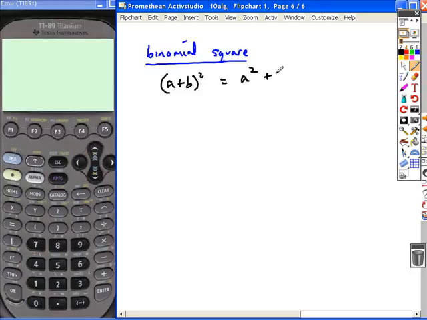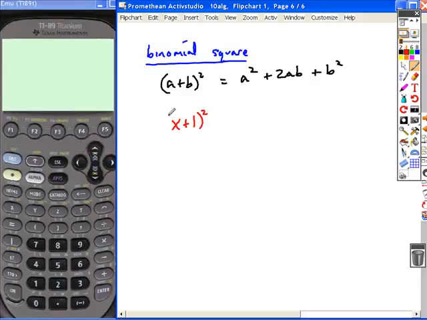So a times b doubled is 2ab, and then you're going to add the square of the last term, so the b squared. And again, if this fits your pattern, it allows you to expand one of these expressions much more quickly than even entering it in your calculator.